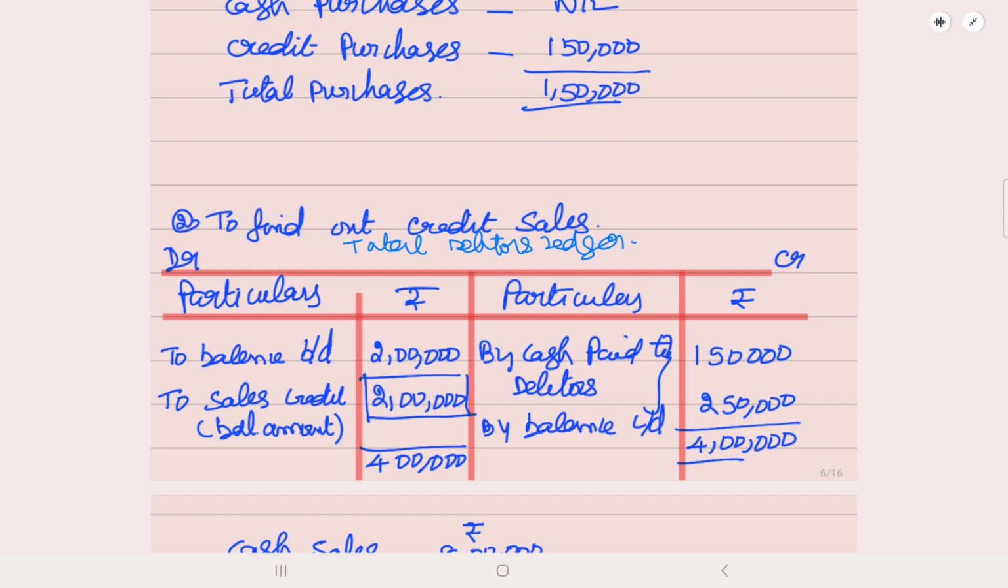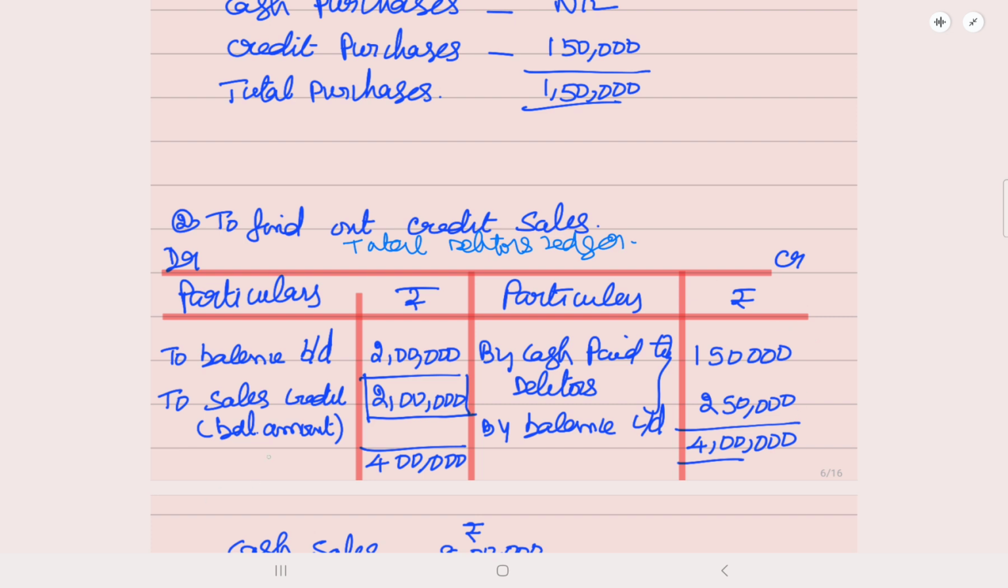In the total debtors ledger, on the debit side we open the opening balance: to balance brought down 2 lakhs is given. Cash received from debtors 1,50,000 is given in the cash book. Closing debtors is given as 2,50,000.